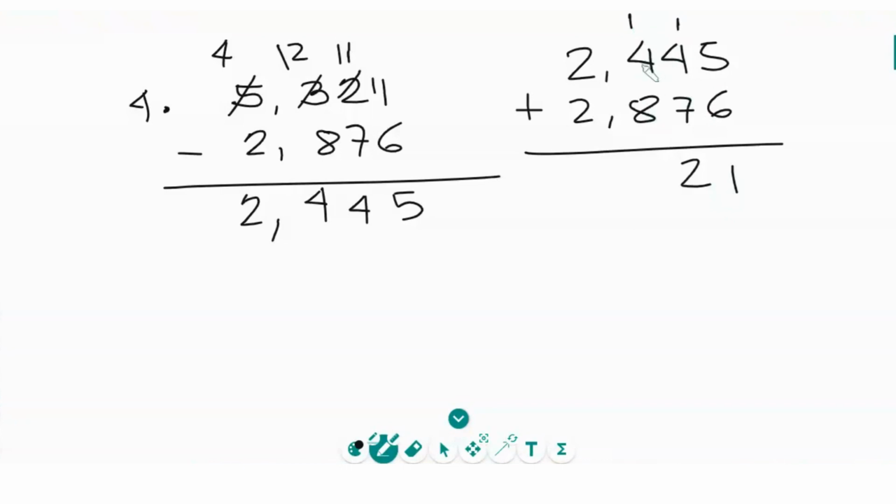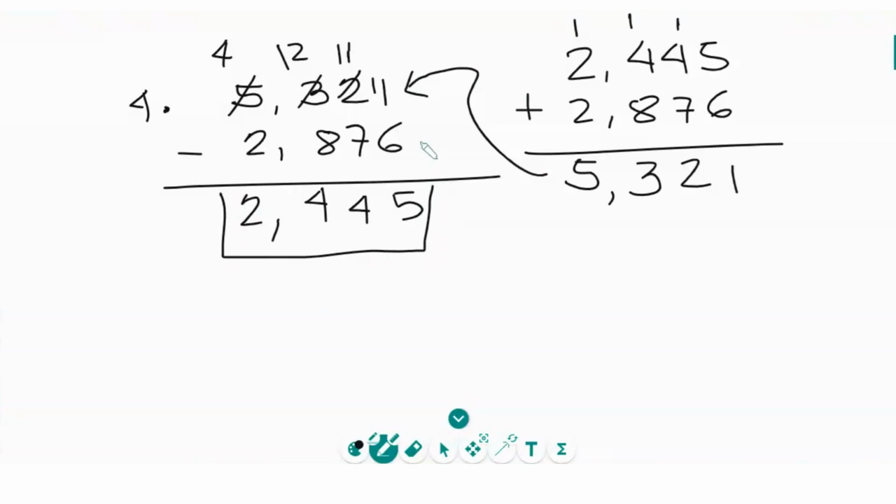So 8 plus 4 is 12, 12 plus 1, that will become 13, carry over 1. Now 2 plus 2 is 4, 4 plus 1, that will become 5. So there you go, we were able to get 5,321. Yep, and our final answer is 2,445.